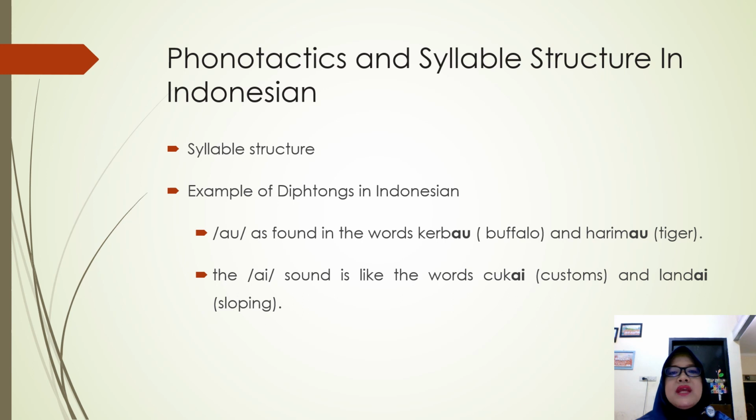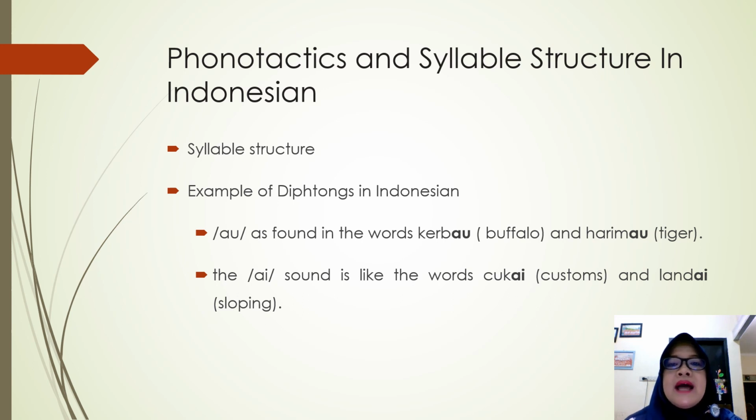Indonesian also recognizes diphthongs or double vowels. It is called a diphthong or double vowel because the position of the tongue when producing this sound at the beginning and the end is not the same. The dissimilarity concerns the head of the tongue, the part of the tongue that moves, and its structure.